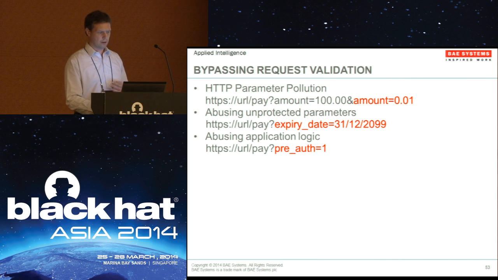There's also abuse of application logic. An example of this is enabling pre-authentication, or pre-auth, for payment received. Some payment gateways, instead of having transaction details change in order to make the transaction change from a charge to just a pre-auth of an amount, have an additional parameter which isn't part of the signature.